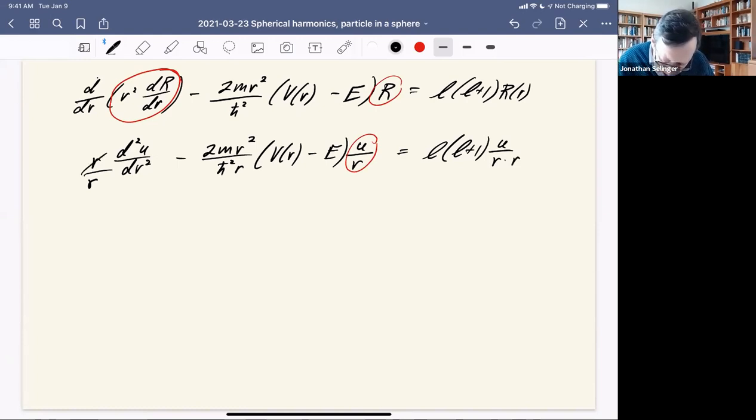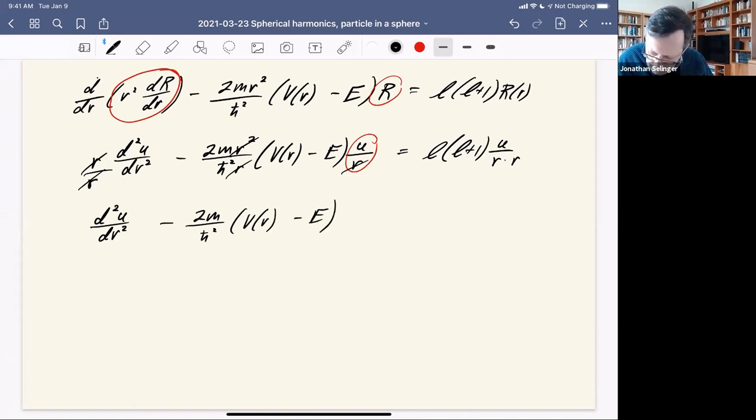Okay, so now this equation reduces to this second derivative minus 2m over h bar squared, like that.